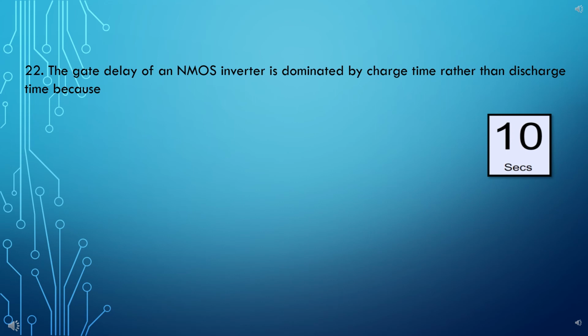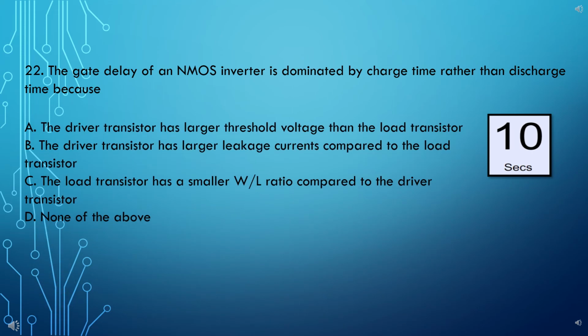The gate delay of an NMOS inverter is dominated by charge time rather than discharge time because: Option A. The driver transistor has larger threshold voltage than the load transistor. B. The driver transistor has larger leakage currents compared to the load transistor. C. The load transistor has a smaller W/L ratio compared to the driver transistor.